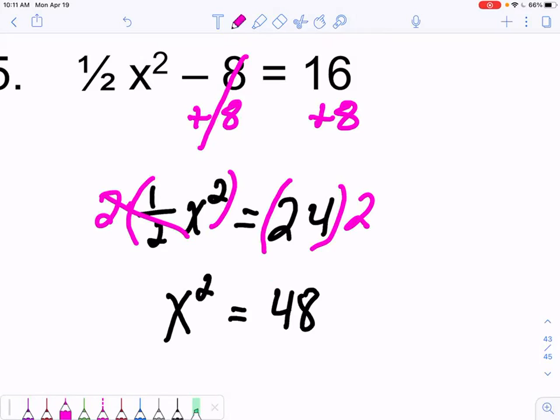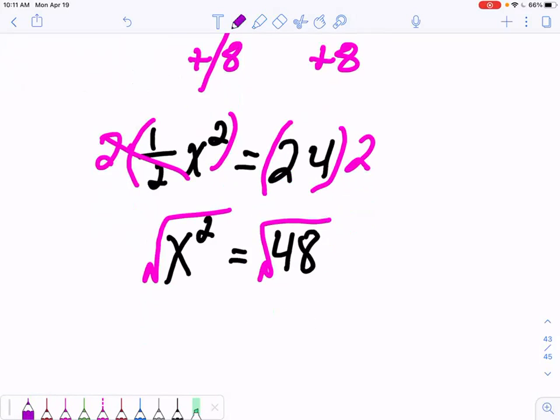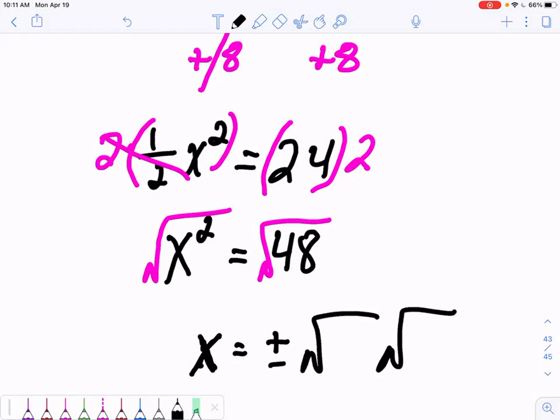Now we're going to take the square root. When you take the square root, we want to find what perfect squares go into 48. Anybody?